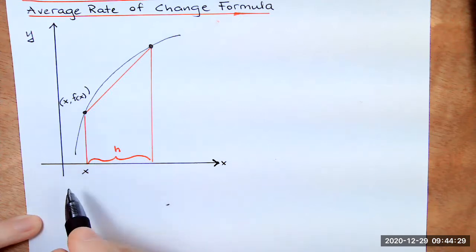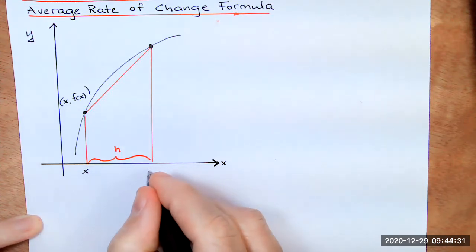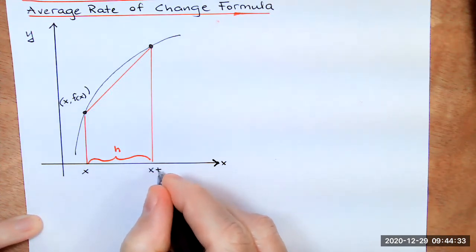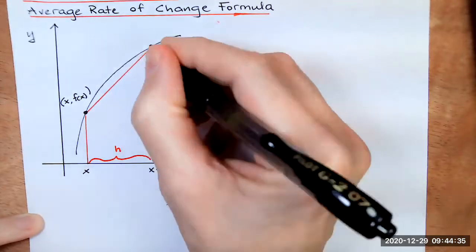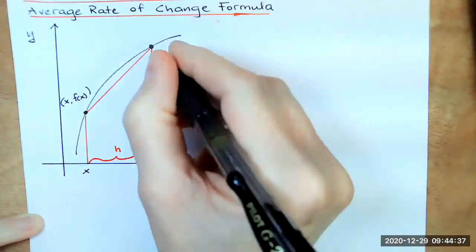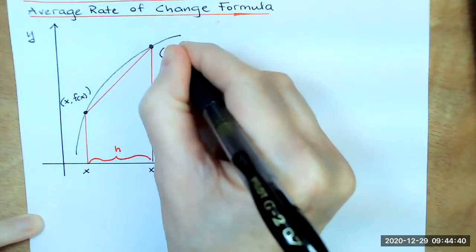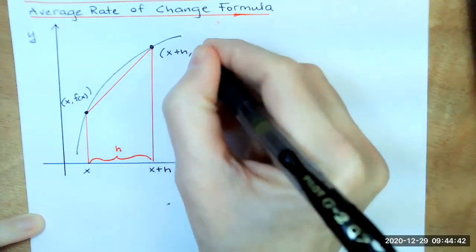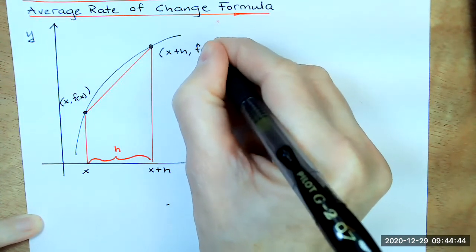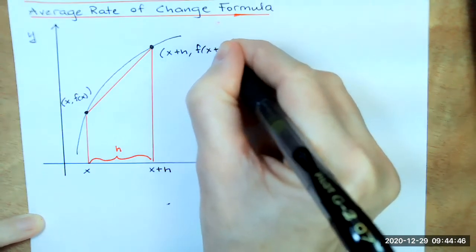So this point would be x, and this point would be x plus h, and the point on the function would be x plus h, f of x plus h.